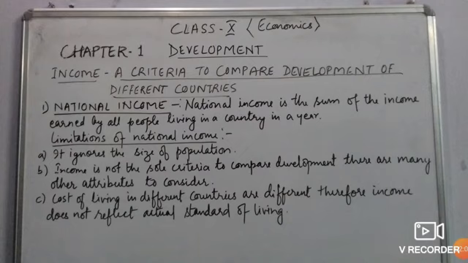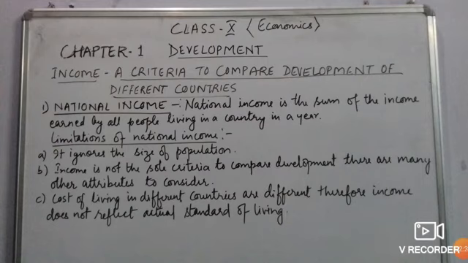Nations vary in their population. So we cannot compare the nations. Suppose if we take India and compare with any European nation, then India is more populous than other nations. So we cannot compare the national income of these nations, the reason being their size of population is different.